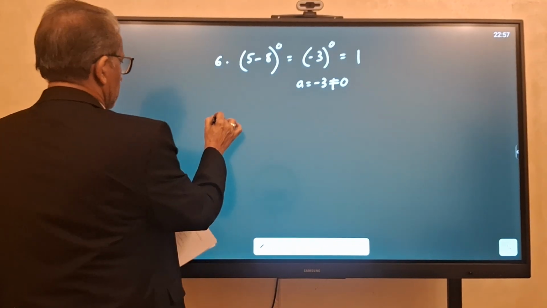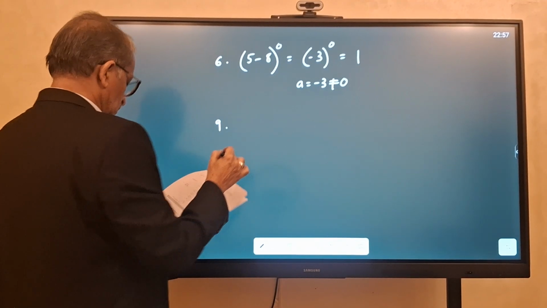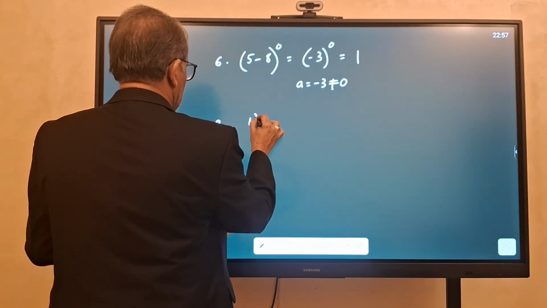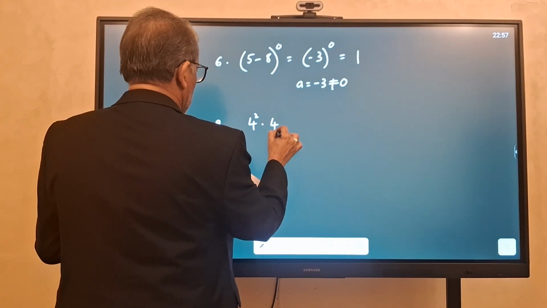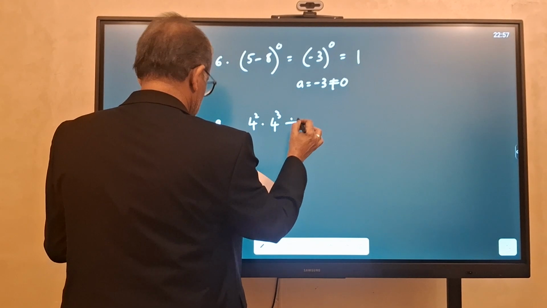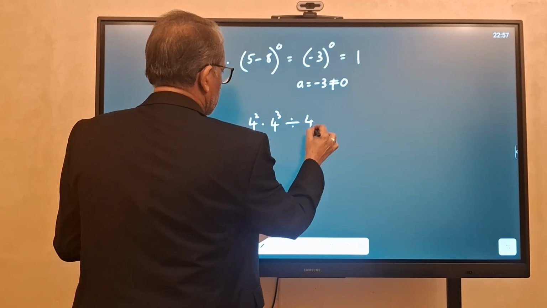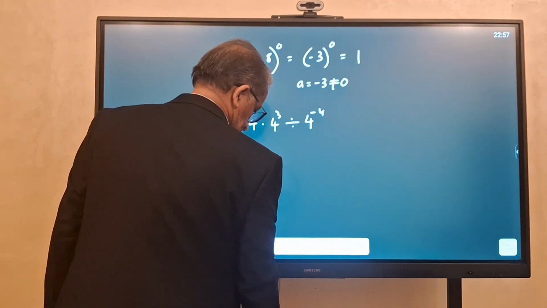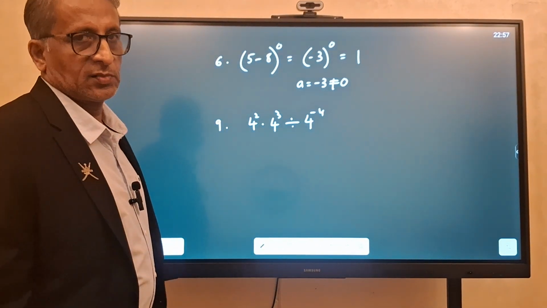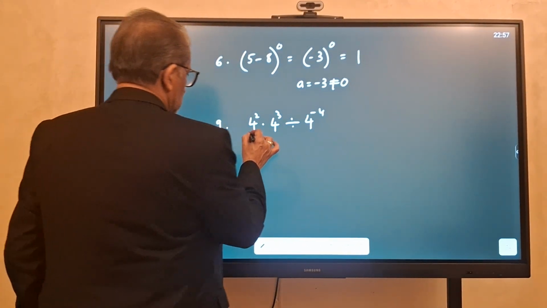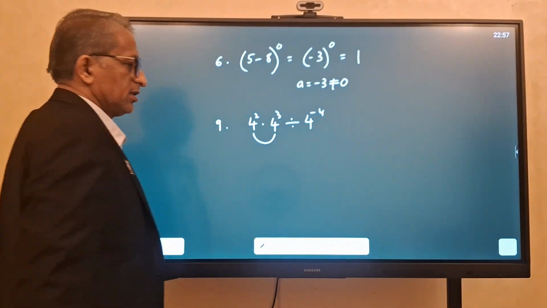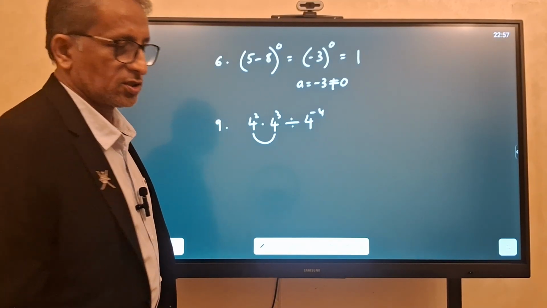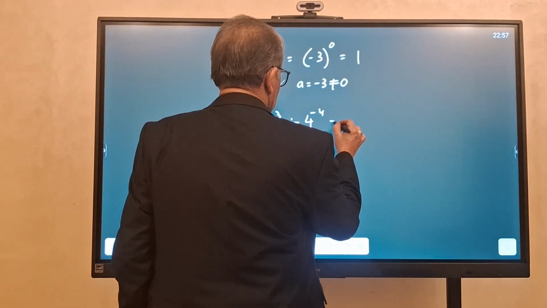Let's say number 9. 4 square into 4 cube divided by 4 to the power minus 4. Let's do this. First, I can combine this by using the first law because the bases are the same.